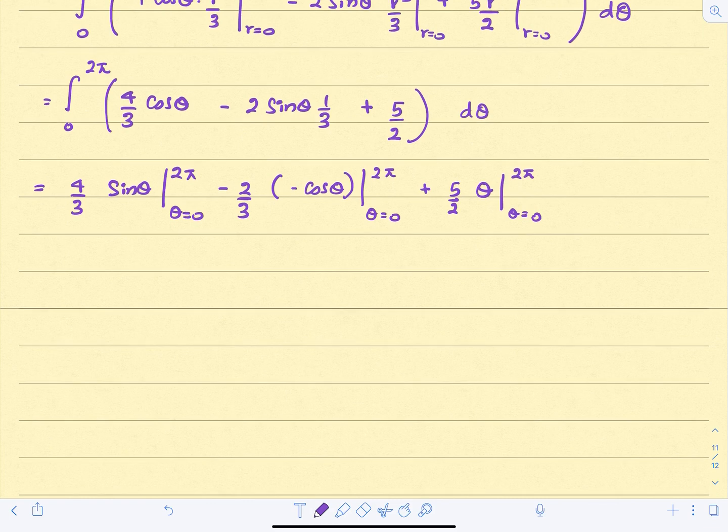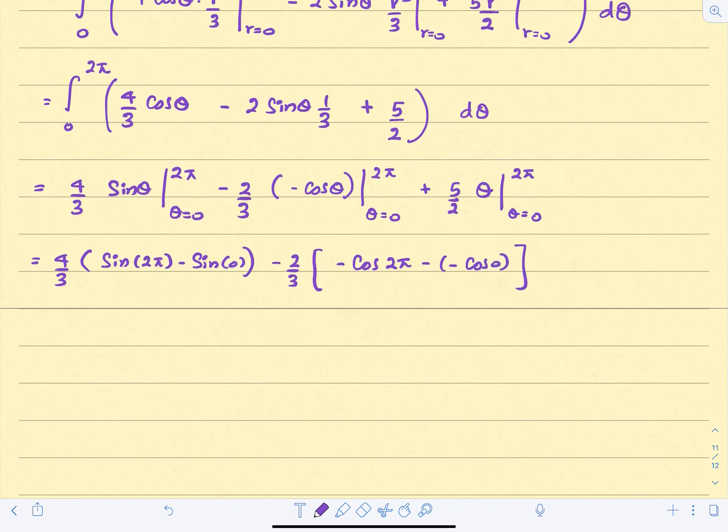Apply the upper limit and then minus the lower limit. Minus 2/3 times negative cosine 2 pi minus, and then we have minus cosine of 0, plus 5 over 2 times 2 pi. Of course, the lower limit will give you 0.